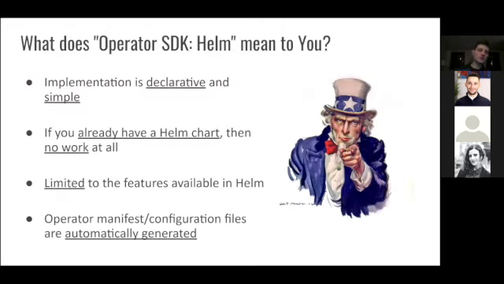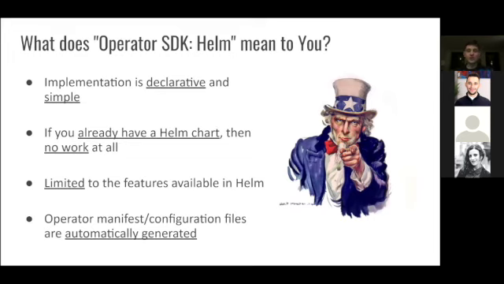So if you use this Helm approach with operator SDK, what does it mean to you? First thing is your operator implementation is declarative and therefore simple. It requires no more knowledge than just a standard Kubernetes configuration. If you already have a Helm chart, then it requires no work for you to generate an operator, which is actually our case in Hazelcast.